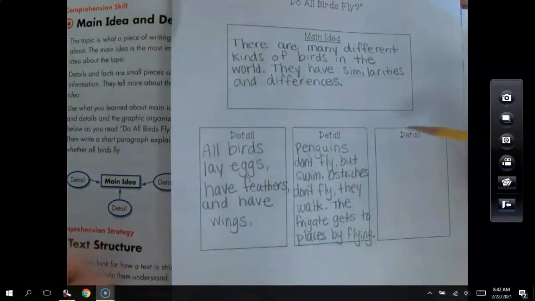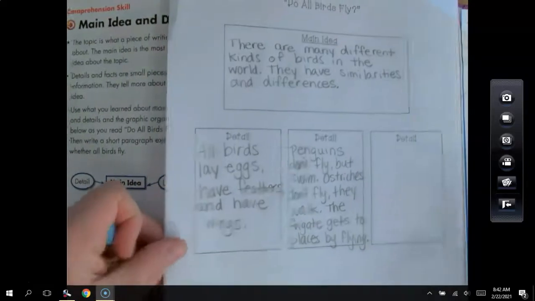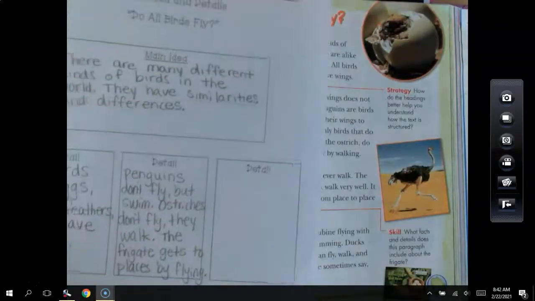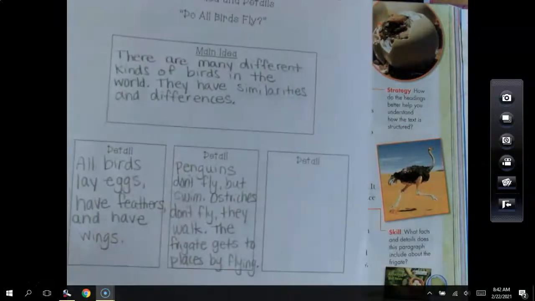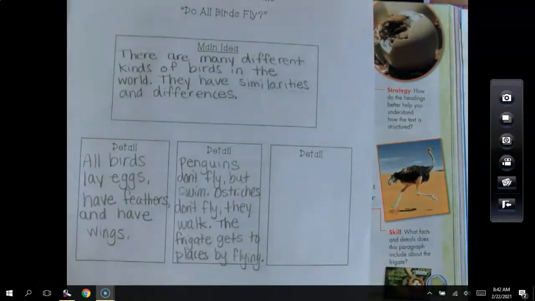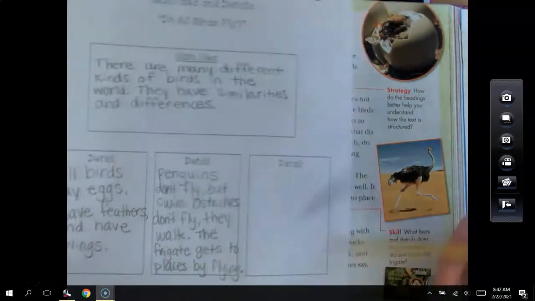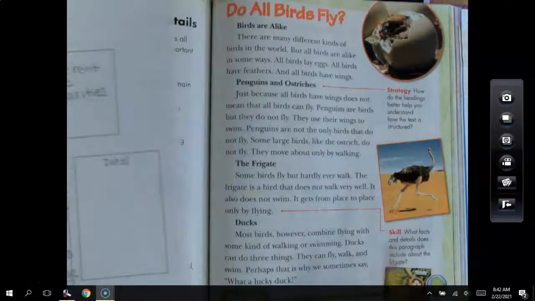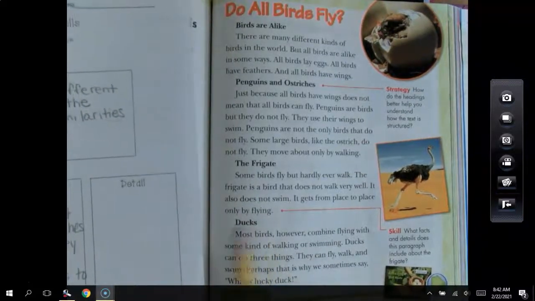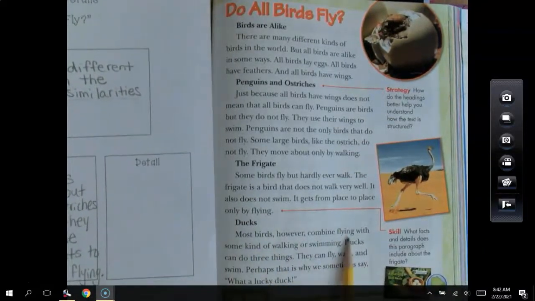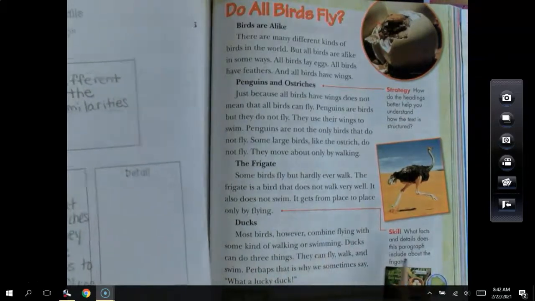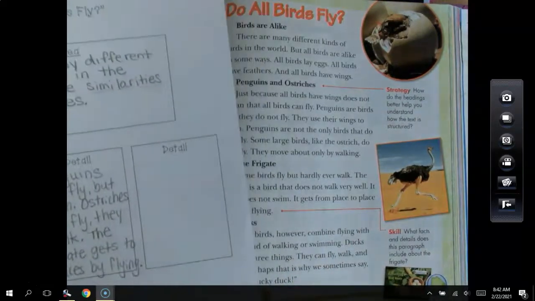Okay, so we have our last detail. And we learned from our selection that we read that there are some birds that can do all of it. Some birds can walk, fly, and swim. So that's the detail that we want to write, okay? Here we read about ducks. It says most birds, however, combine flying with some kind of walking or swimming. The ducks, they can do all three things. So that's what we're going to write.